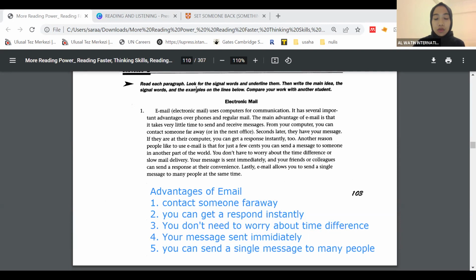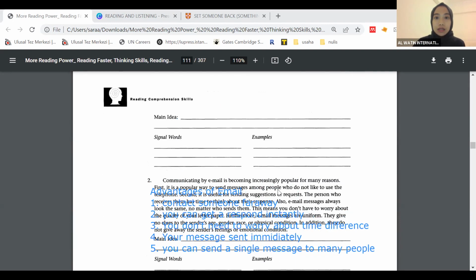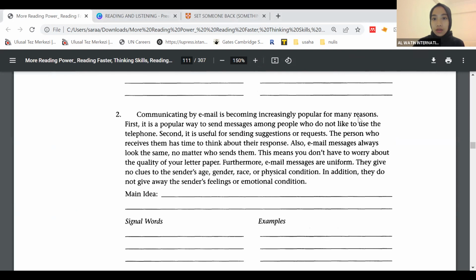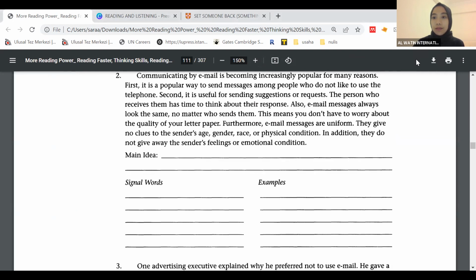Now, the second one. Okay, let me clear this one. Second paragraph. Okay, second paragraph, please, anyone wants to read? Let me zoom it to make it more clear. Okay, Sadil, do you want to read?